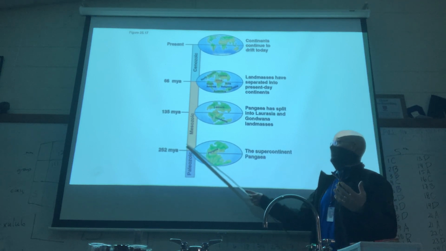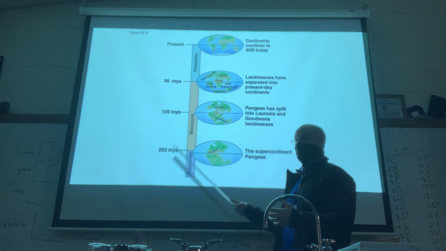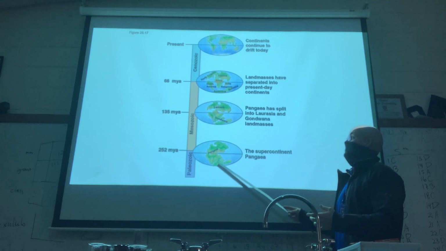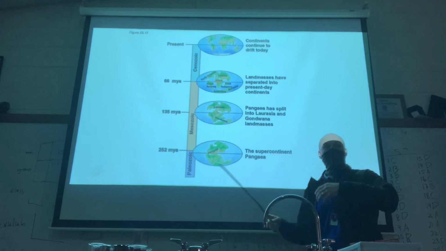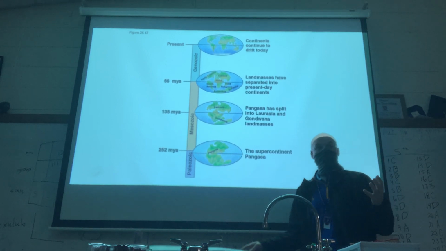So a lot of the life forms that speciate at the beginning of the Mesozoic, your first mammals, your first dinosaurs, are on a planet where they can basically radiate out, spread out through all the land masses of the world.